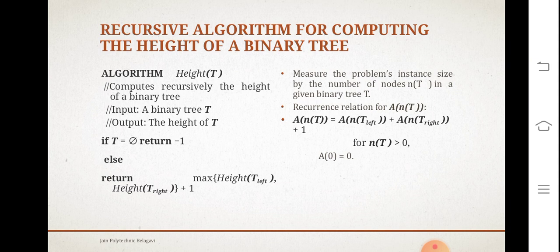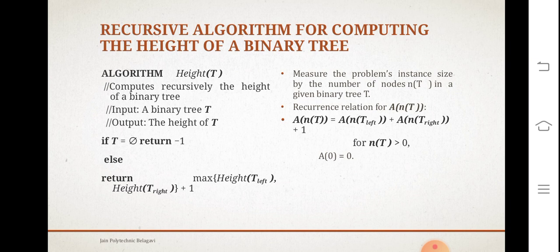Also we have to note that it is convenient to define the height of the empty tree as -1. Thus we have the following recursive algorithm here for computing the height of a binary tree.